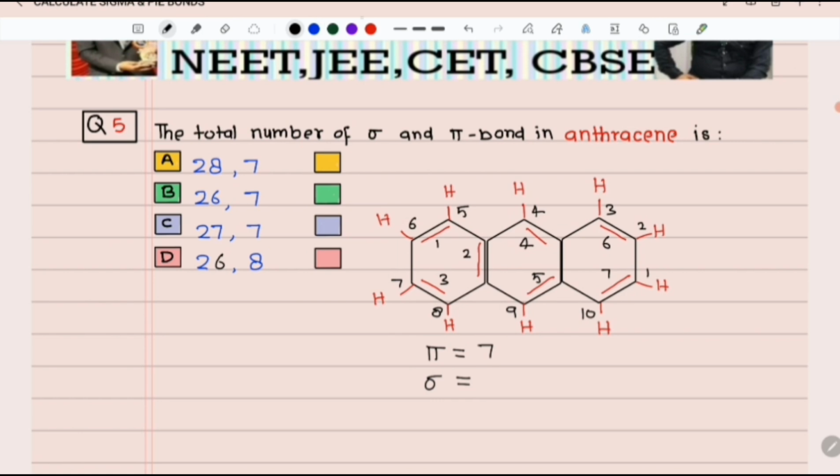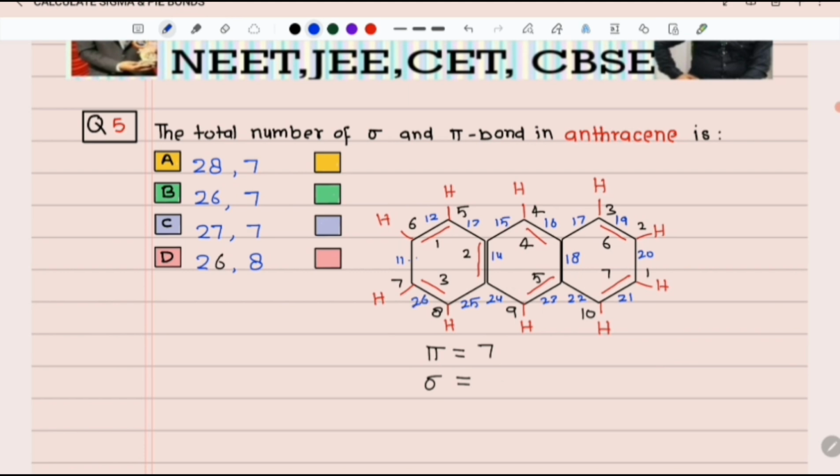And if we see in the ring, the number is, we started from here, 10, 11, here is 12, 13, then 14, here is 15, 16, 17, 18, 19, 20, 21, 22, 23, 24, 25 and 26.